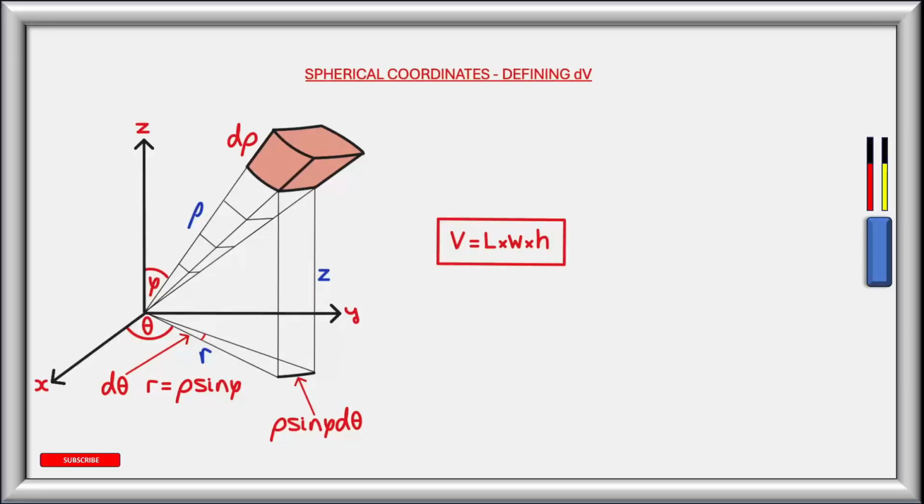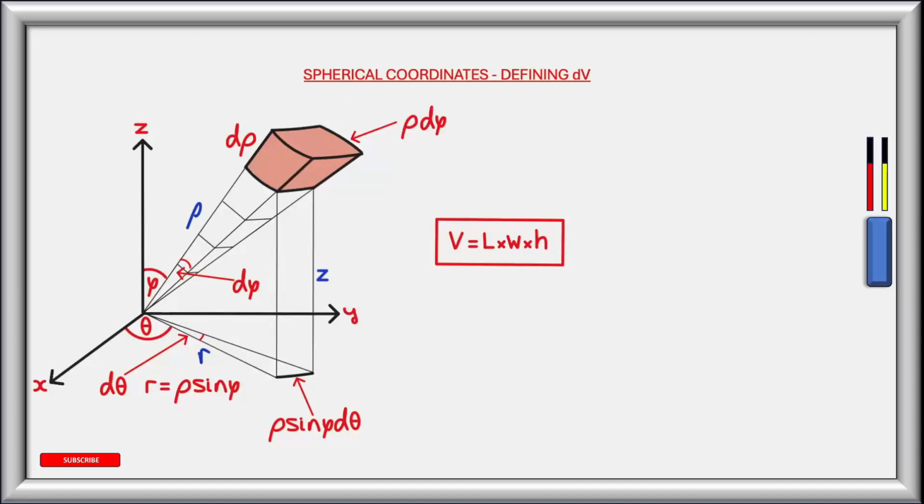And the length dimension of the rectangular box, circled here, lies along the arc of a circle, and this dimension is calculated by multiplying the radius of this circle, which we know is ρ, by the central angle, which is infinitesimally small, and in this case dφ. So the length dimension is ρ multiplied by dφ.